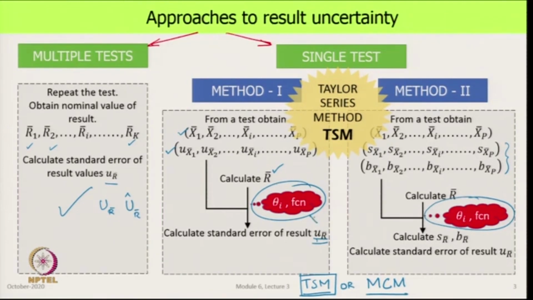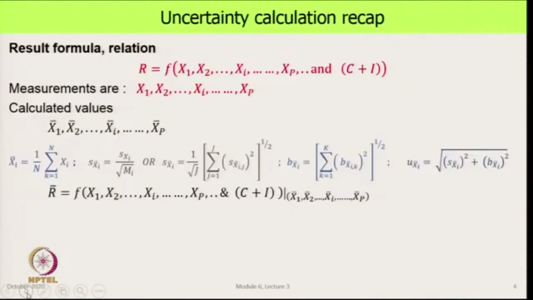So, this is what we set out to look at in the previous lecture, and we said that what is the basic mathematics of the Taylor series method, and from there we came to a nice relation. So, to recap, what we have done so far is that we have a result formula which is a combination of parameters and some constants. We make measurements of these parameters, multiple measurements.